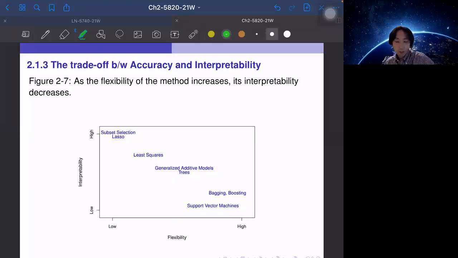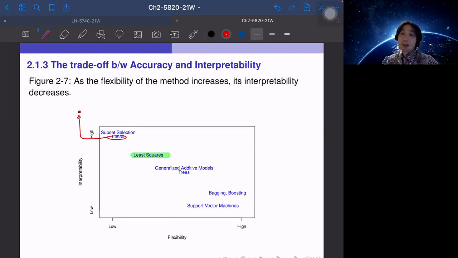So we have different models, and the least squares method is here, so linear regression. And some methods are even less flexible, but more interpretable. And I would say that the lasso model is put even farther away, so maybe around here.